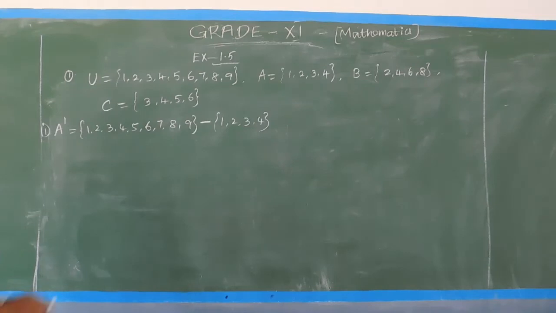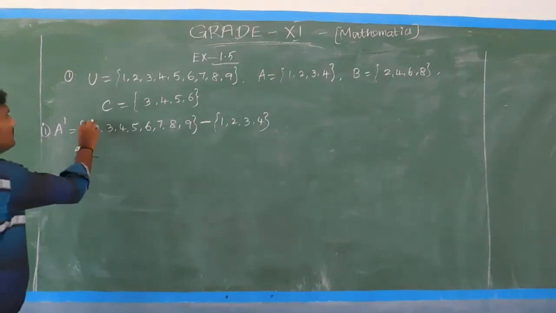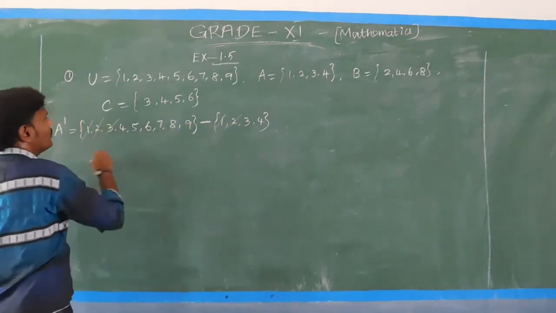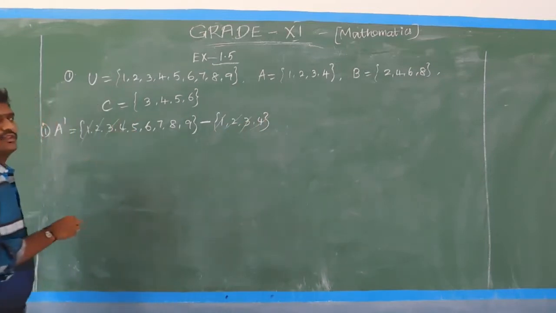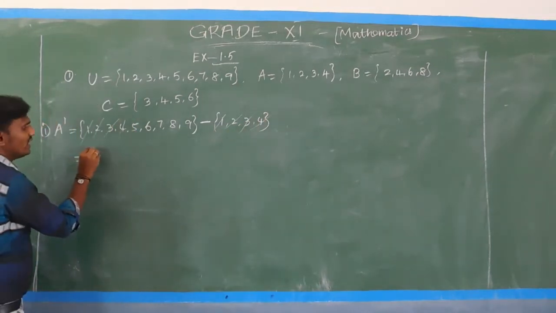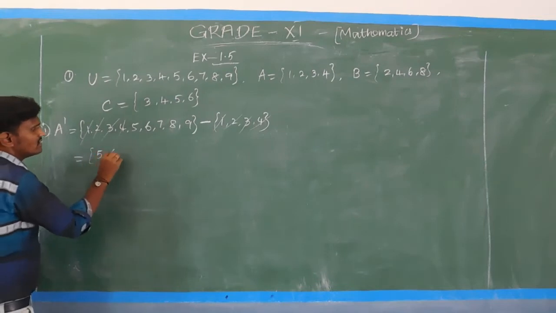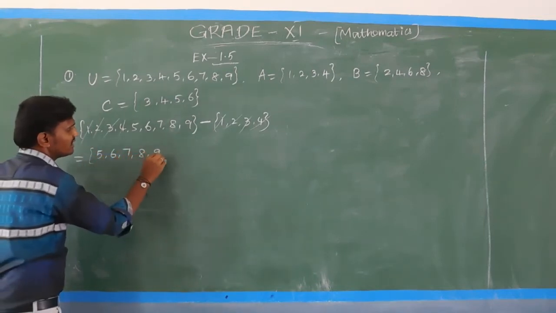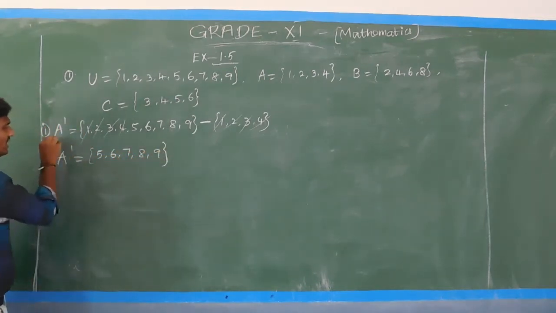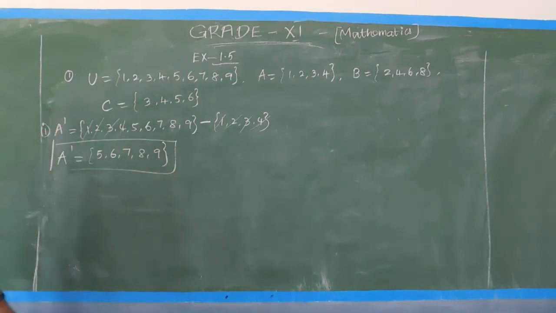Now I am taking the common elements: 1, 2, 3, then 4. So the remaining elements are 5, 6, 7, 8, 9. So this is your A dash.